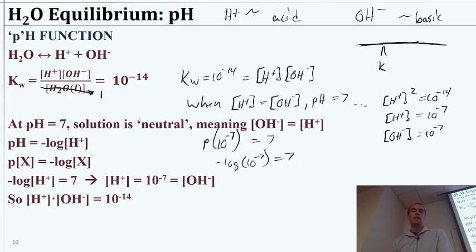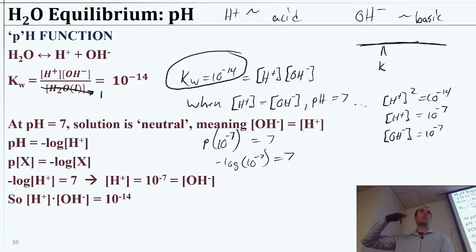So make sure that you remember, and this is one piece you probably ought to commit to memory, I'll probably try to remind you on an exam, but the equilibrium constant for water is 10 to the minus 14. So pKw is 14. This would be a good one to remember anytime you're dealing with pH and you need to solve something for base and you have acid, or vice versa.